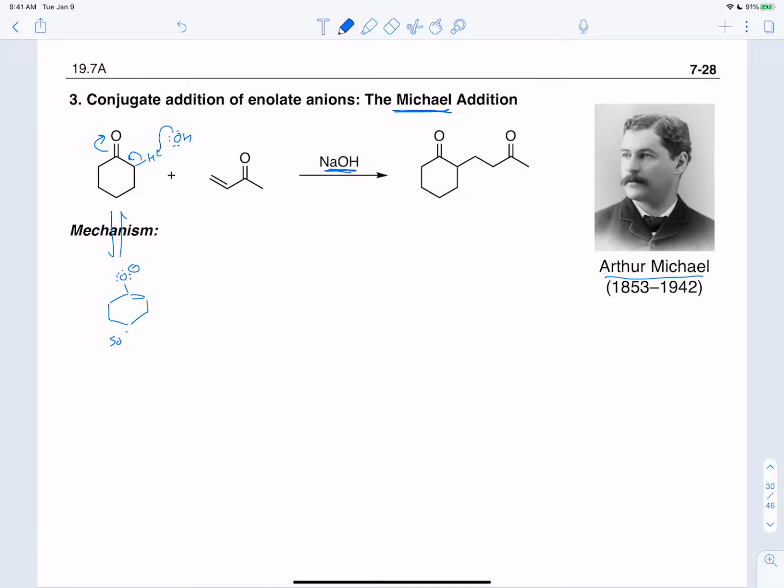Since this is going to be a soft nucleophile, and we have the option of doing 1,2 or 1,4 additions, we are going to observe the 1,4 addition to the carbonyl. Note that this is also a less sterically hindered reaction. So this will also accelerate the rate. We're not trying to make these fully substituted carbon centers anymore.